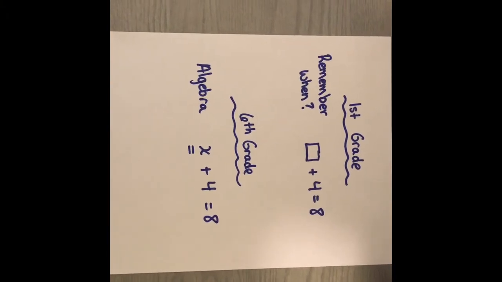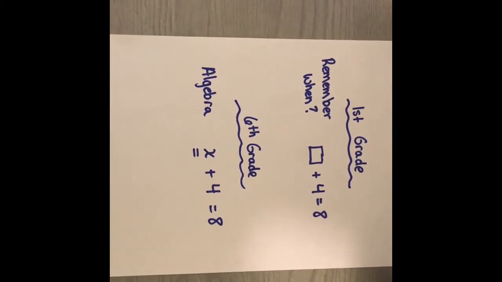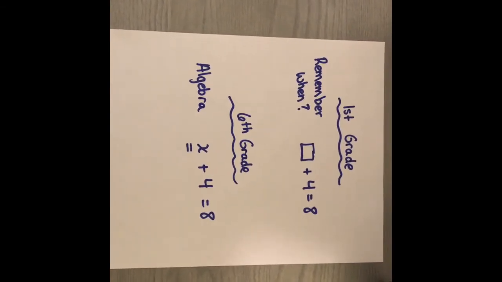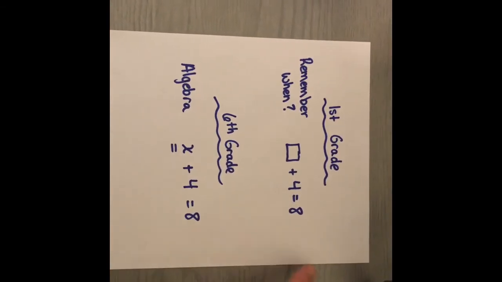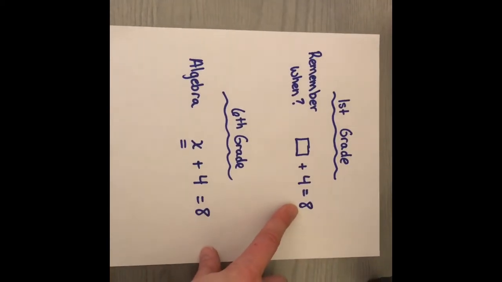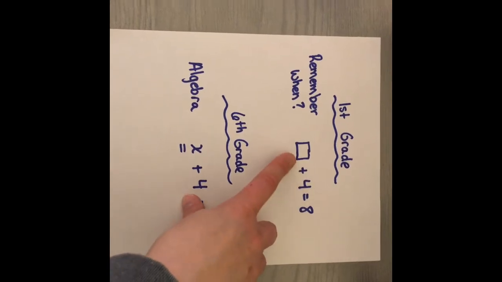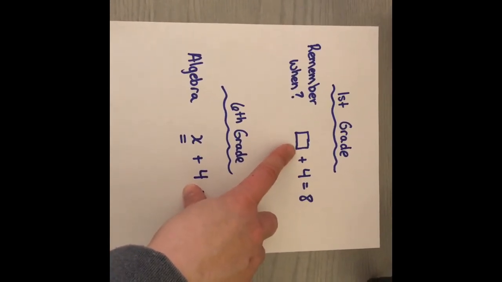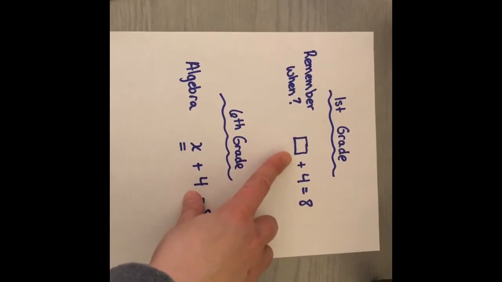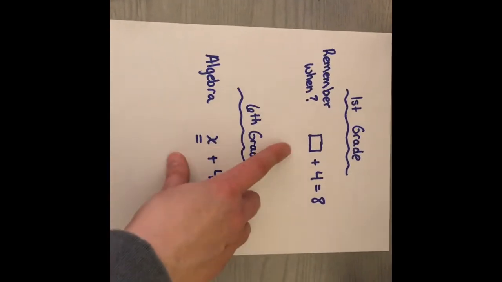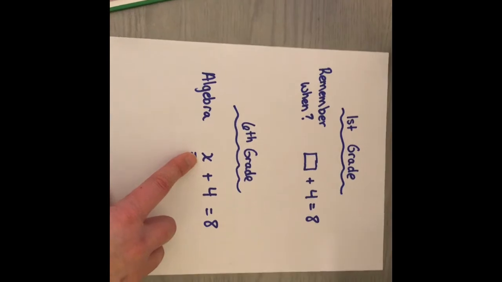All right, so before I start this lesson, I just want to go over this real quick. You can add it to your notes if you want or not, it's fine. But do you remember back in first grade when you had problems like this and there was a box, plus 4 equals 8, and you had to figure out what went in the box? So you were figuring out that unknown value. Well, now fast forward to 6th grade in algebra, and all we do is replace that box with a letter.